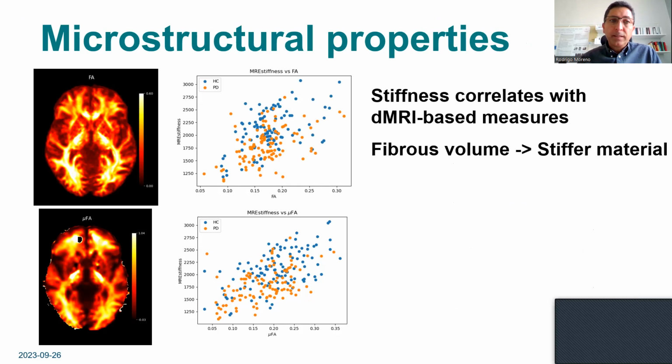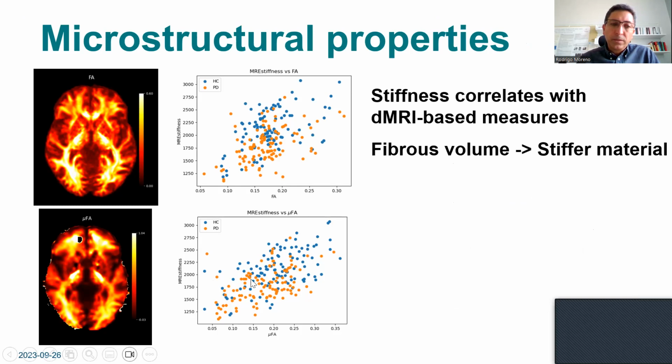We also checked correlations between MRE and diffusion-based measures, for example, fractional anisotropy or microfractional anisotropy. And as you can see, there is some kind of correlation between MRE and diffusion.